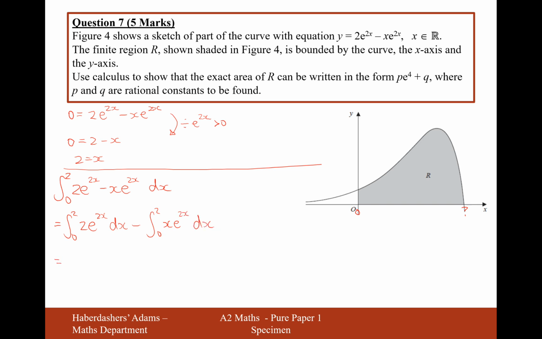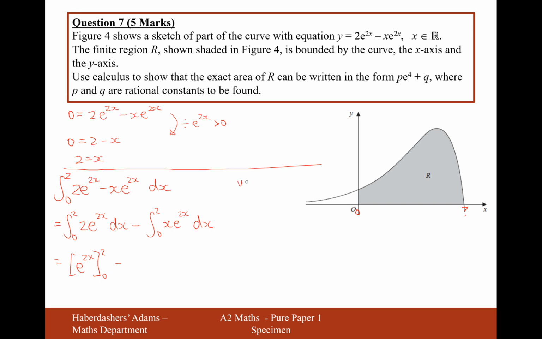Okay, so the first one is the easy one. It's just a scale factor multiplier at the front. So with e to the x, it integrates to itself, but when there's a 2 there, we divide by the 2 at the front, so it's going to integrate to e to the 2x, and then have a boundary between 2 and 0.